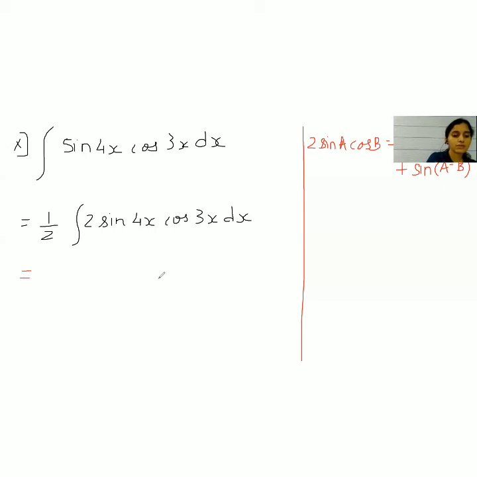So what I have done here is I have first multiplied and divided by 2. So I'm going to get half outside the integration sign.